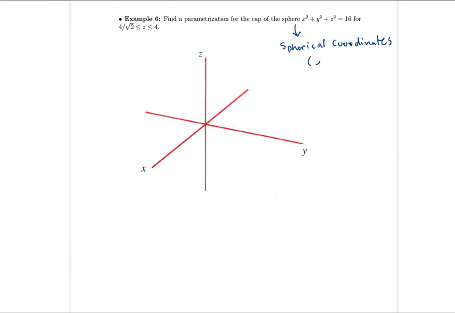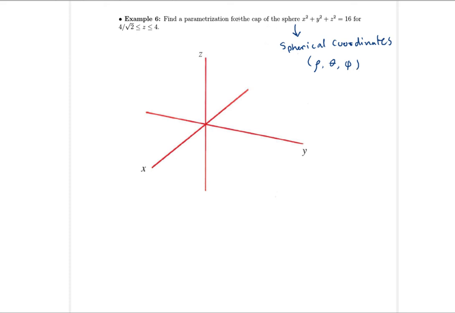So we know that that's rho, theta, and phi. Now we're only going to be allowed to use 2 of these, right? So what we have to think about is what is changing and what's not changing.